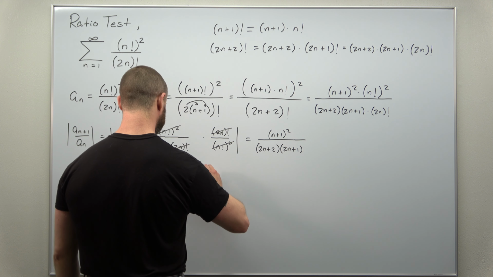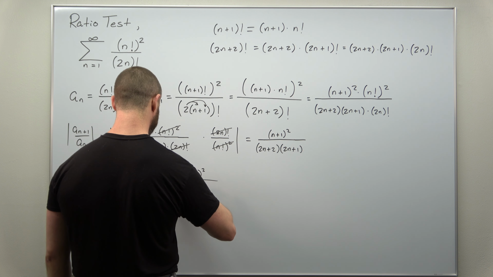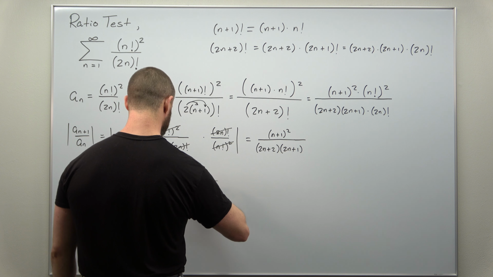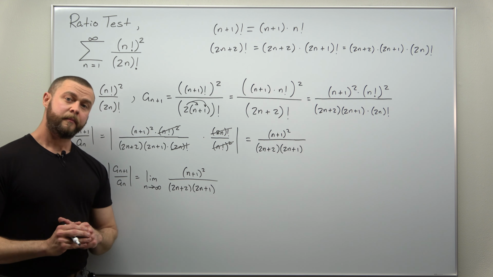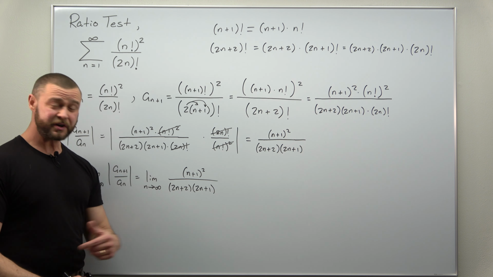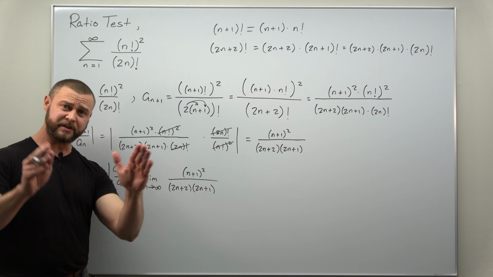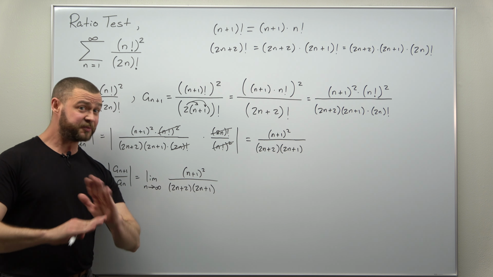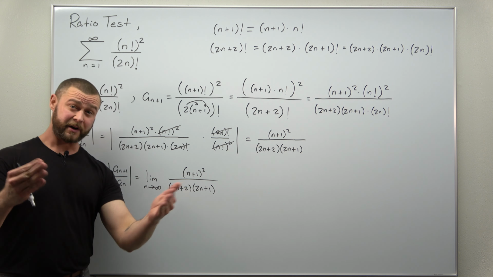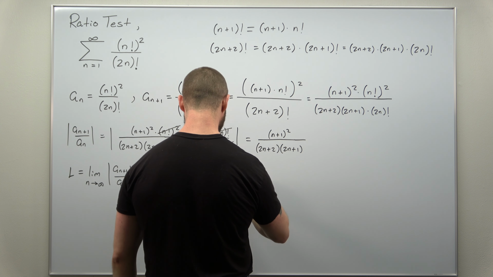Numerator is n plus 1 squared, and then your denominator is 2n plus 2 times 2n plus 1. All right, now I'm just going to go ahead and multiply these out. You don't have to do that, but it's good to connect this to earlier ideas in case the limits aren't obvious, especially if you're going fast during a quiz or exam. So I'm just going to multiply out both the numerator and denominator.